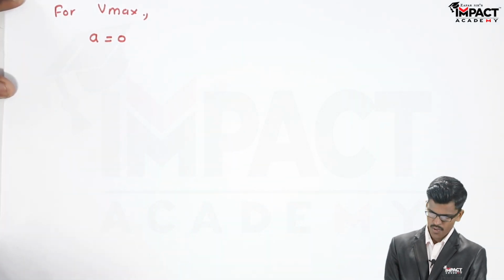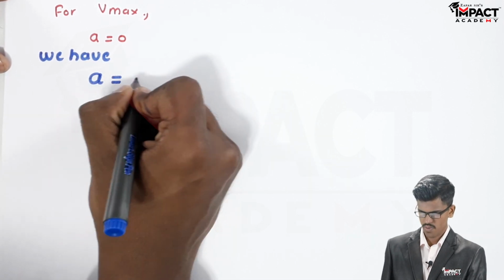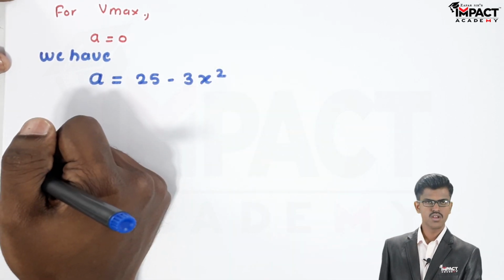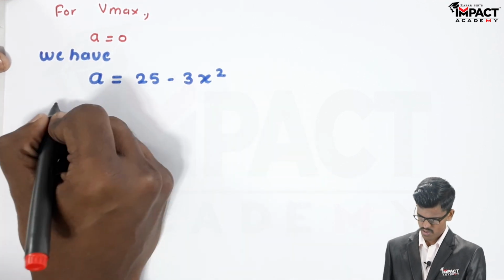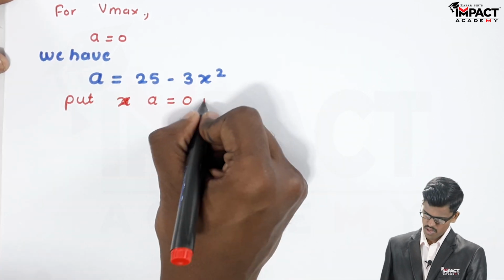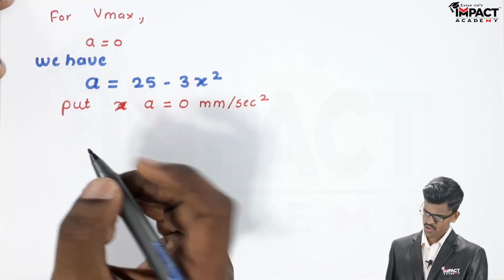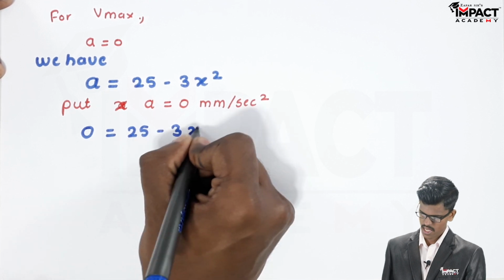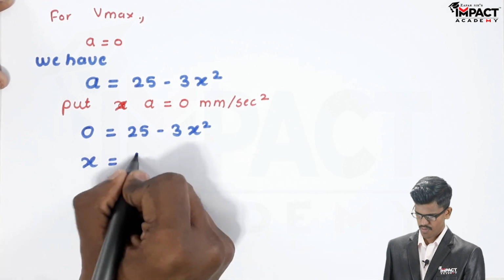We have the equation of acceleration, a = 25 - 3x². Simply put a = 0 mm/s². So we get 0 = 25 - 3x², and we get the value of x as plus minus.